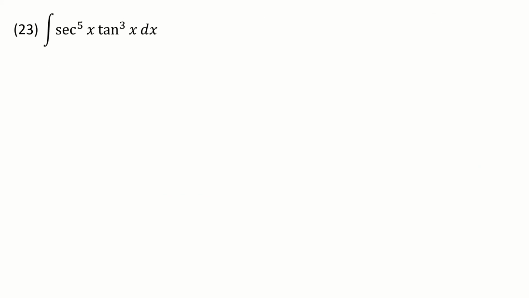Now let's move to problem 23. So for this integral, we need to deal with the trigonometry functions with high powers. But we observe that all their power indices are odd. And if you note that here, the derivative of secant x equals secant x times tangent x.